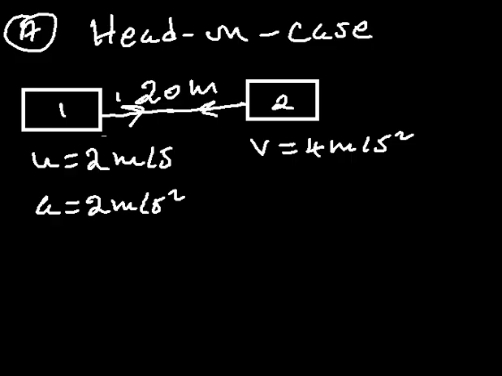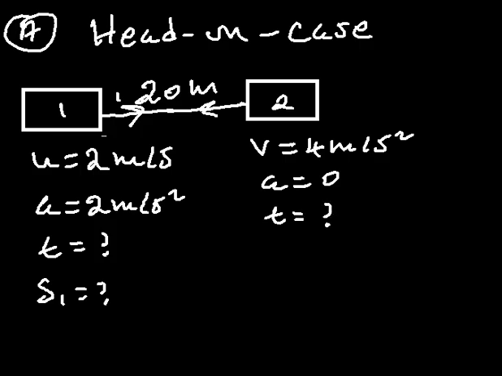The principle remains the same in the sense that we don't know the time taken for object 1 to travel. We also don't know the distance it has to travel to meet object 2. And since object 2 is moving at a constant speed, mind you, it means its acceleration is 0. We also don't know the time it takes to meet object 1 and the distance it has to travel.